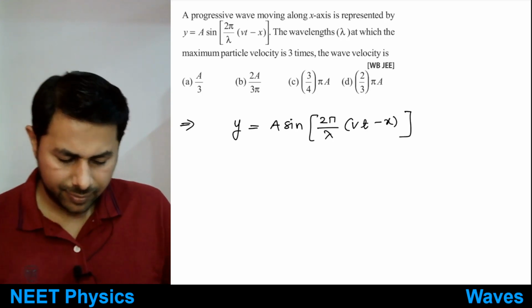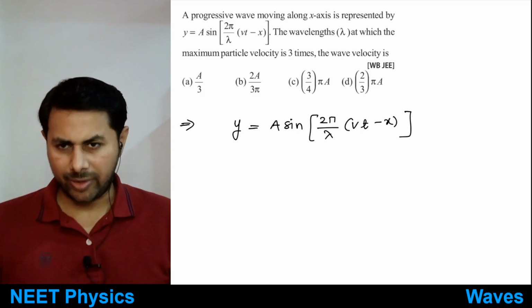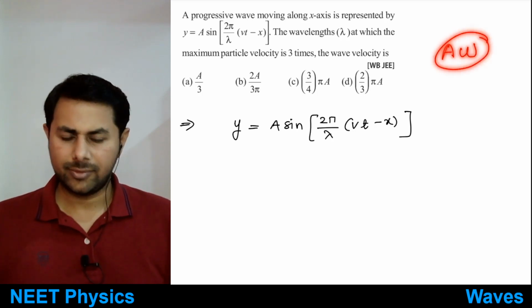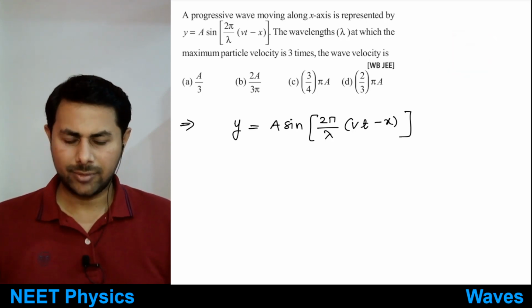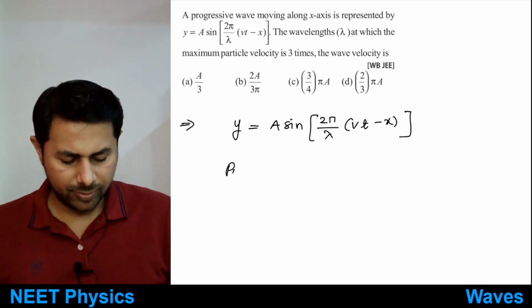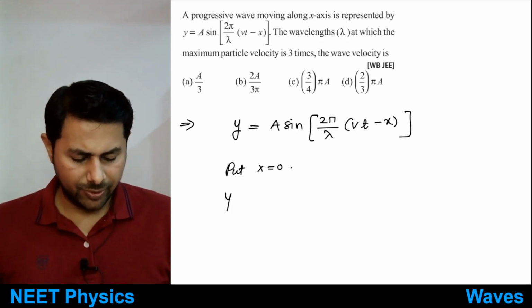Okay, and here we want the maximum particle velocity, so that would be a times omega. But before that, I will just substitute x equal to 0 to simplify this. Okay, so if I take x equal to 0, what do I get?